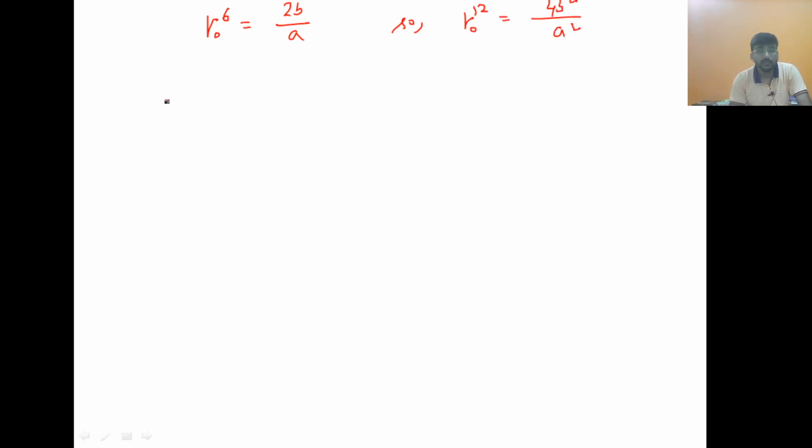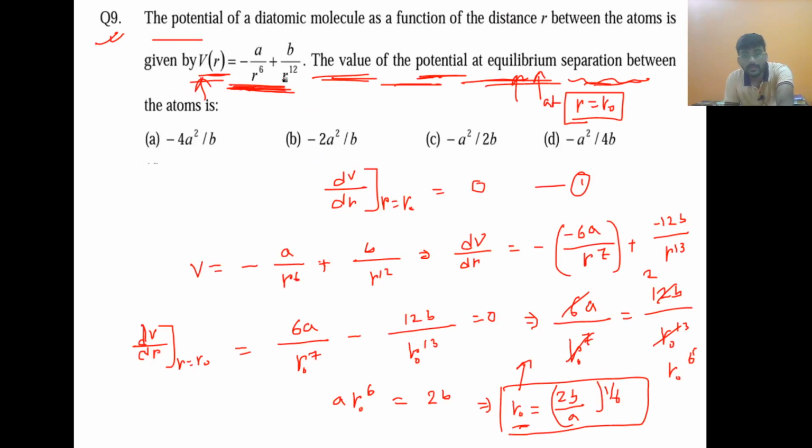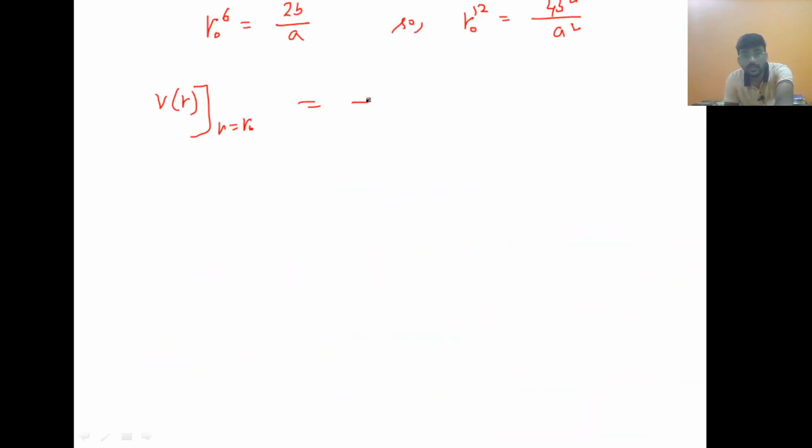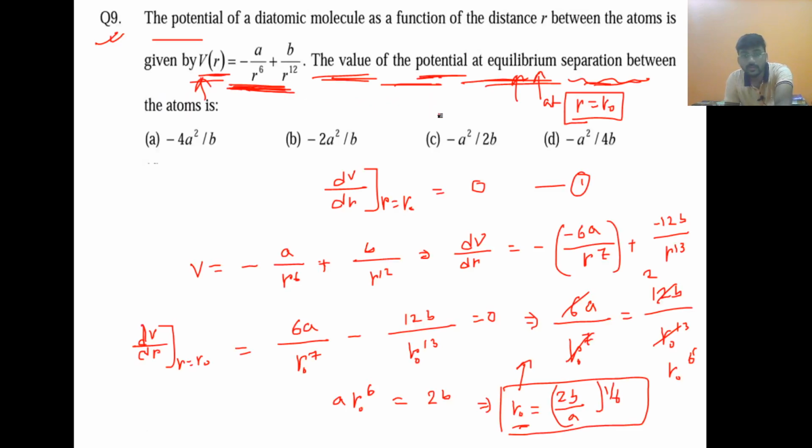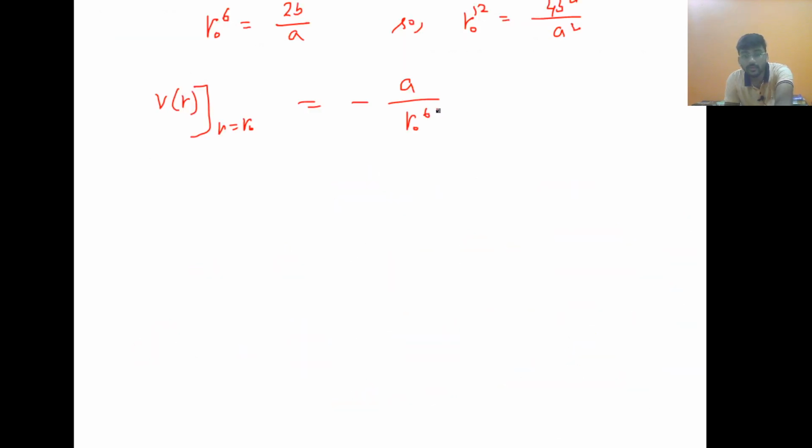Now we have to find out V of r at r is equal to r0. That will be minus a by r0 to the power 6 plus b by r0 to the power 12. Now let me substitute these two values, r0 to the power 6 and r0 to the power 12.